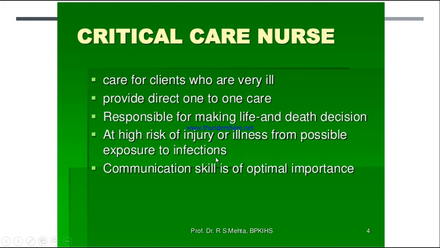So the nurse should be very skilled in providing care to the patient, and she should be able to prevent complications like further infection. Next, the nurse should have good communication skills. Why? Because she has to communicate with the patient if he or she is stable.